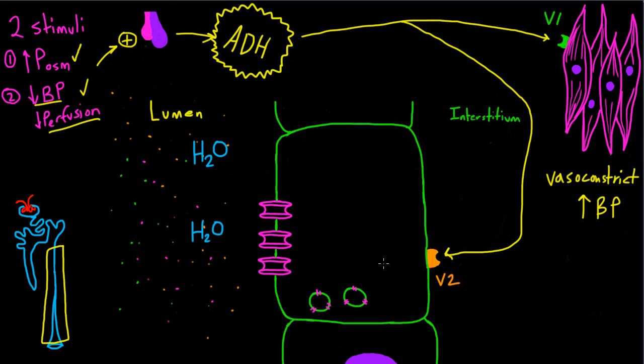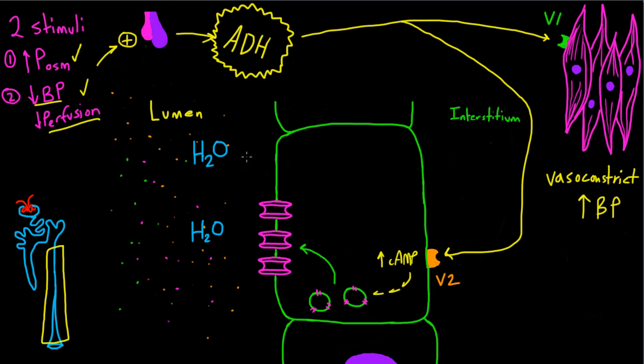Once it's stimulated, intracellular cyclic AMP will increase. After a few intermediate steps, these vesicles will be stimulated, and the vesicles contain water channels called aquaporins. These vesicles go to the membrane and they fuse, putting aquaporins into the membrane.